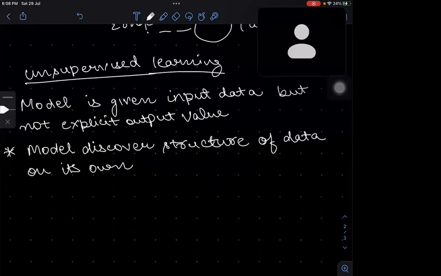Any idea what can be the limitation in unsupervised learning? Now we are not feeding the output data. We don't need output as well in this case. So what is the limitation in unsupervised learning? Unclear segregation of category.